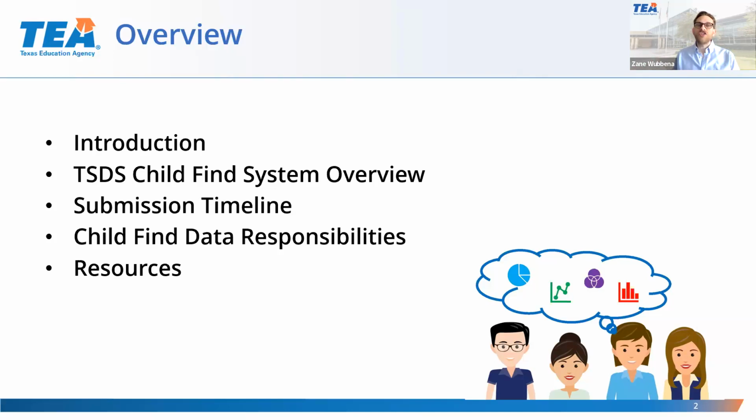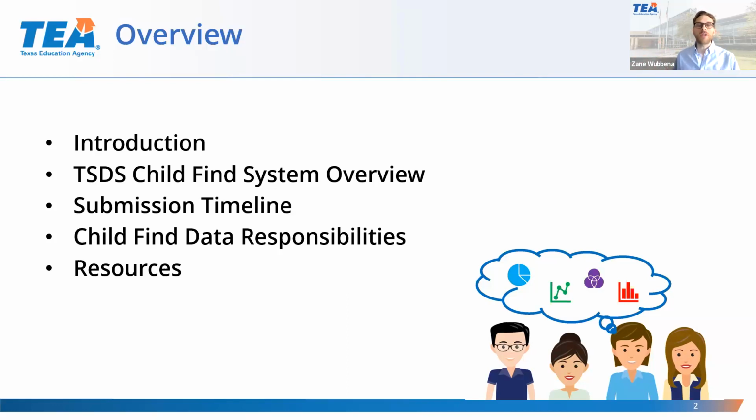Then we're going to touch on the submission timeline, which relates to the administrator address letter that should be going out next Thursday, so you can look for that. And then I'm going to take over and talk about the Child Find data responsibilities.